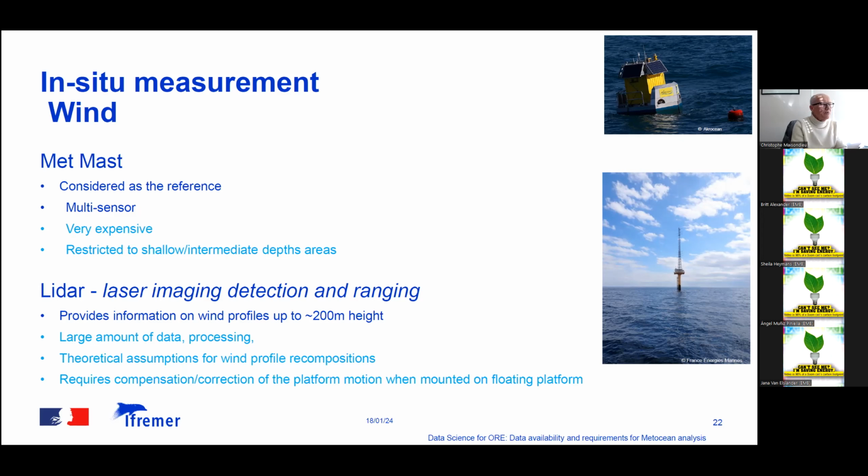More and more they are being replaced by LIDAR, these laser imaging detection and ranging systems. These systems are able to provide some information on the wind profiles up to the requested 200 meters height. This is a really interesting measurement system.